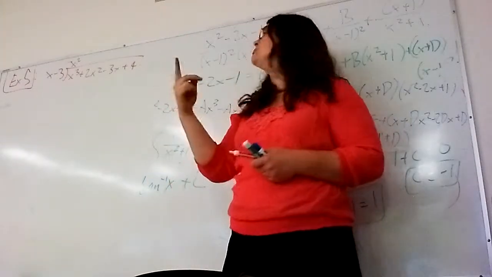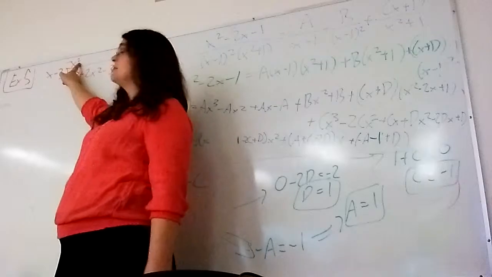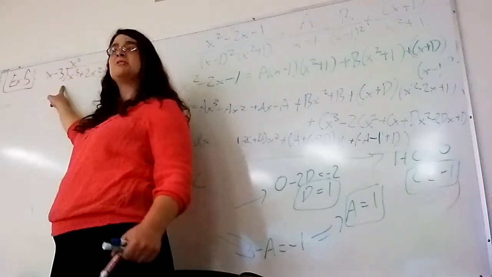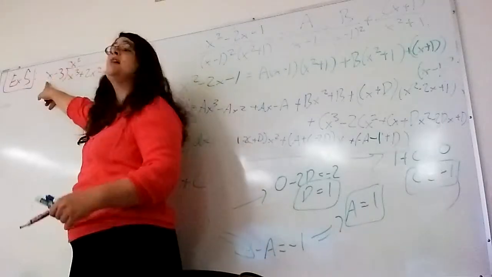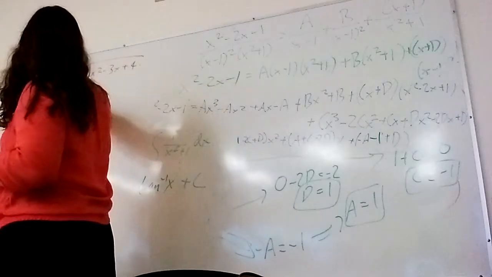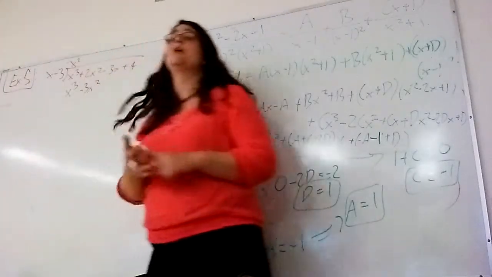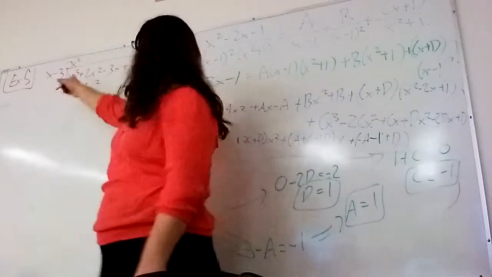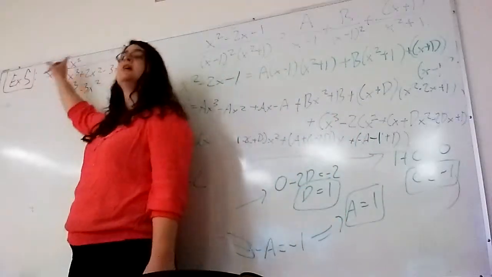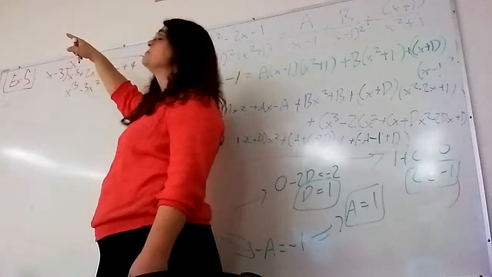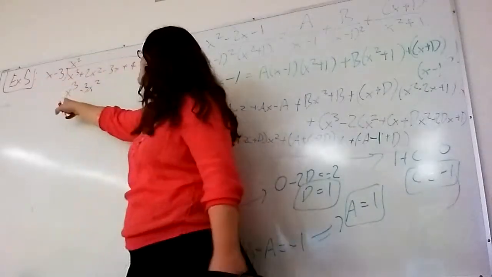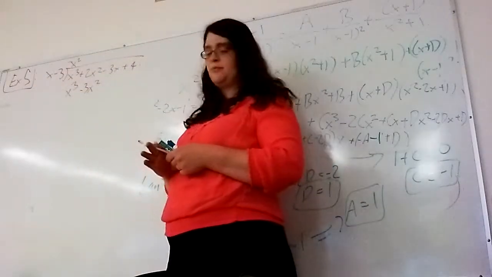Second step is multiply. This x squared that we got up top, we multiply by x minus 3. x squared times x is x cubed. x squared times negative 3 is minus 3x squared. So again, first step, divide the x cubed by the x, we get x squared. Second step, multiply, x squared times x minus 3 gives you x cubed minus 3x squared.